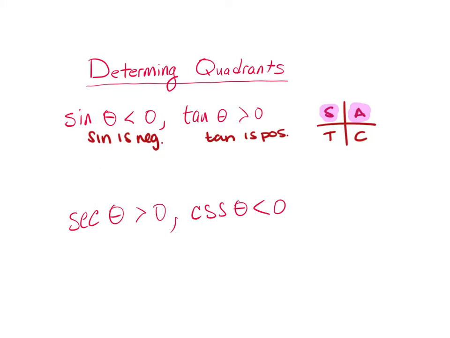So then from here, your tangent that's positive, you would also have here as well. So what you're looking at is where that tangent is positive, which would just be in quadrant 3.